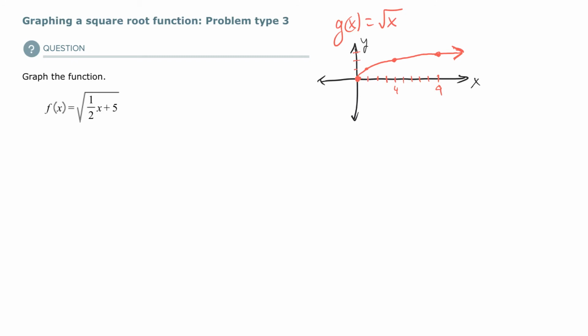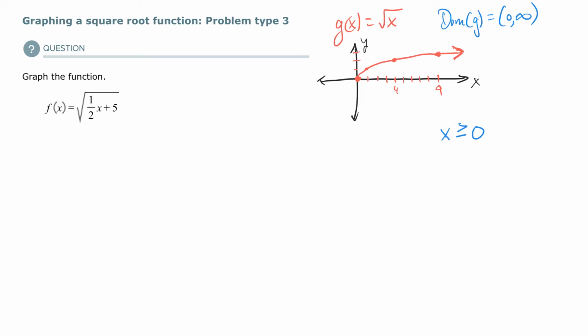Notice the domain of g here. In a total surprise, it's actually 0 to infinity, right? Because you simply take the x and make it greater than or equal to 0. We're going to do the same thing here.